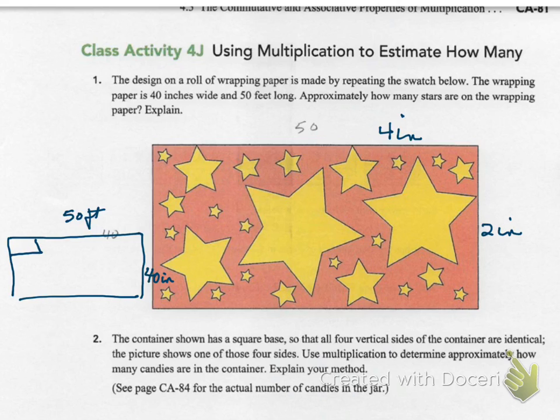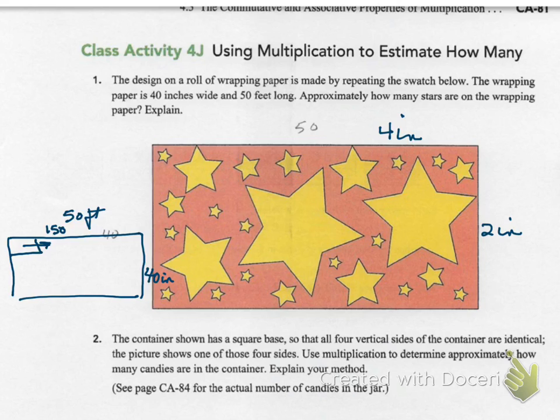So what will I need? Well, if that's going to be 50 feet, and if I have 4 inches for this one, then it's going to take 3 of these going across to make 1 foot, and I need 50 feet, so I'm going to have an array that's 150 of these samples across. Okay, so I'm not drawing my piece to scale.